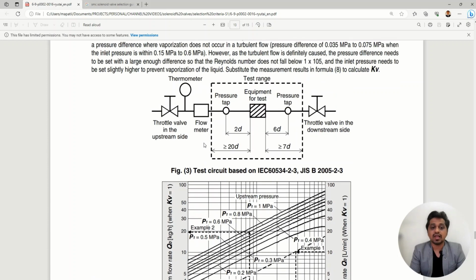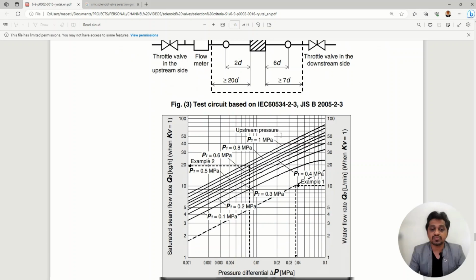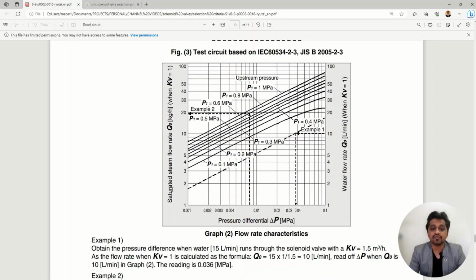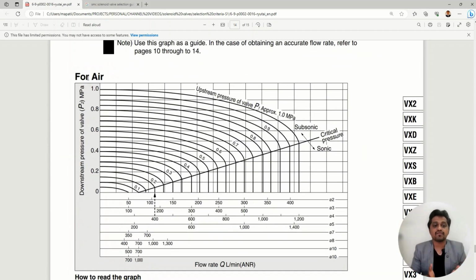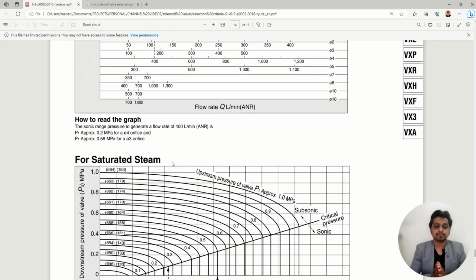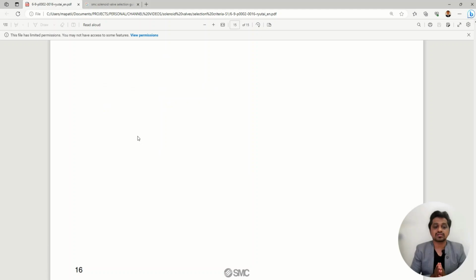And then we have a test method, the test circuit according to the standards. So they found these values with the help of standards. And then we have a graph of flow rate characteristics for saturated steam over here. These graphs will be different for different materials, as we know. So we have a graph for air, then saturated steam, and the flow rate characteristics.